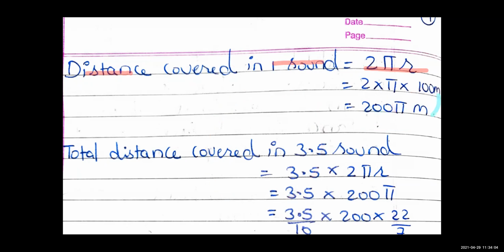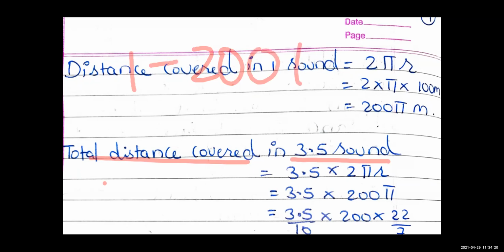Now we need to find out the distance covered by the athlete at the end of 2 minutes 20 seconds. We know in 2 minutes 20 seconds the athlete is covering 3.5 rounds. In one round the distance covered is 200 pi. So in 3.5 rounds the distance covered is how much? Simple cross multiplication, 3.5 into 200 pi upon 1.